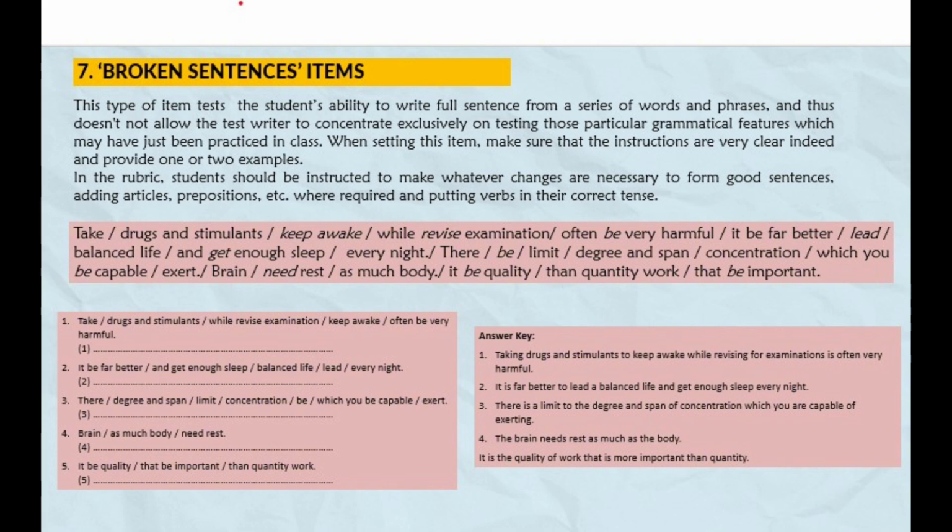When setting this item, make sure that the instructions are very clear and provide one or two examples. In the rubric, students should be instructed to make whatever changes are necessary to form good sentences, adding articles, prepositions, etc. where required, and putting verbs in their correct tense.